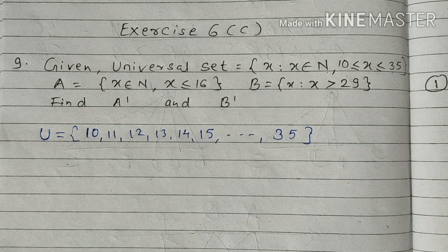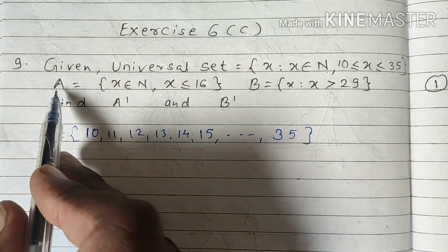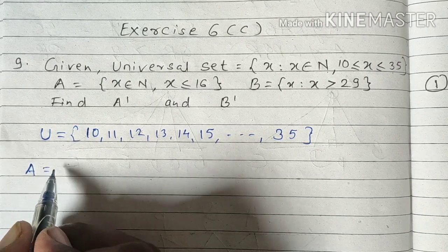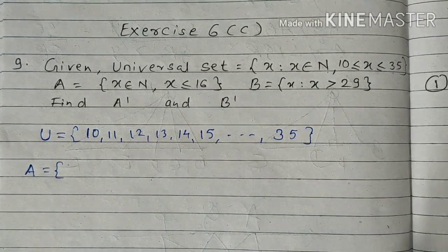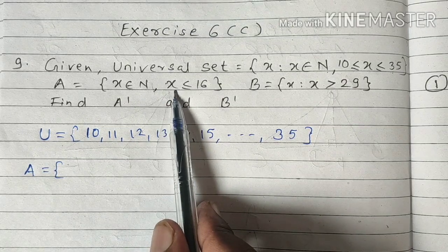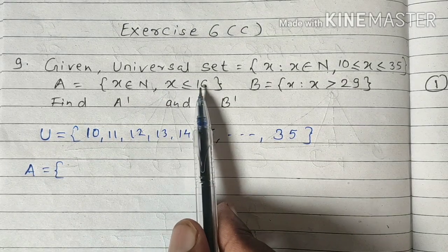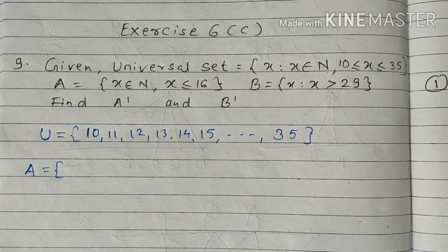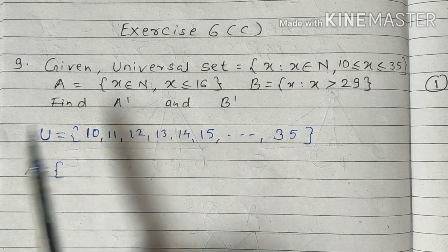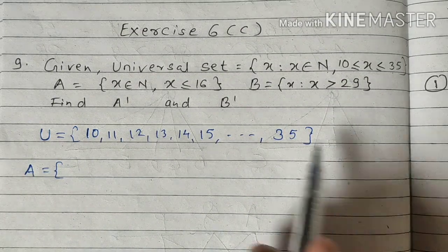Okay. Then let us write the A set. Our A set will contain X such that X is a natural number and X less than or equal to 16. Now this A set we have to write from the universal set only. We will not go beyond the universal set. Remember this thing.